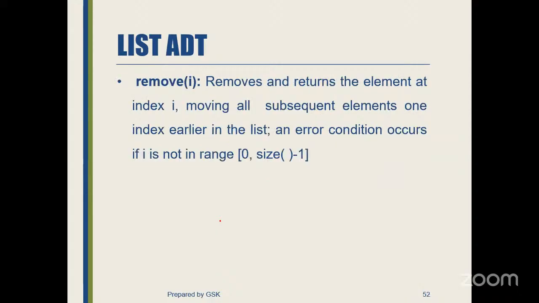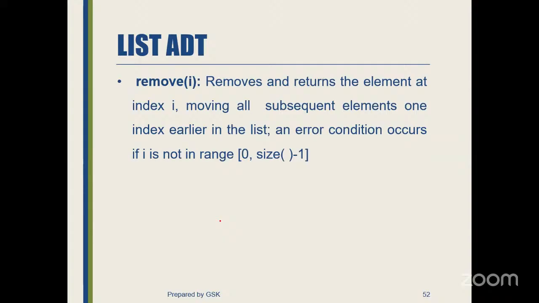The next operation we can perform on a list is the remove operation. By the name you can understand it. The remove operation is used to remove and return the element at index i, moving all subsequent elements one index earlier in the list.